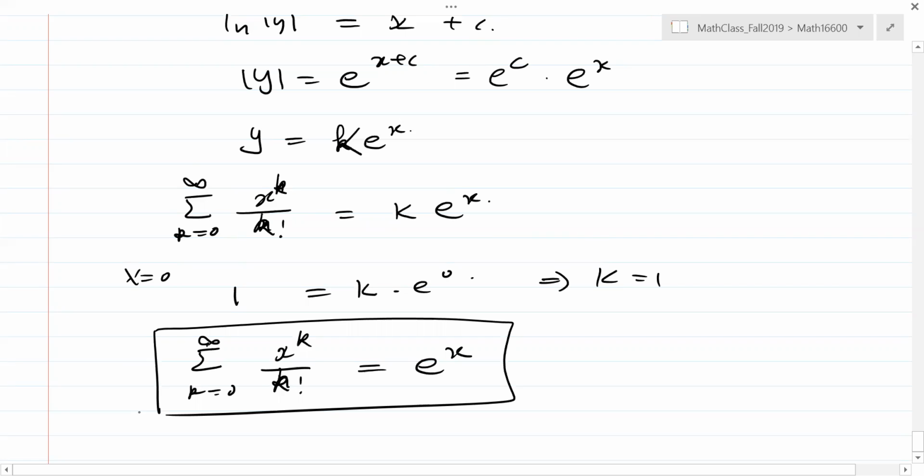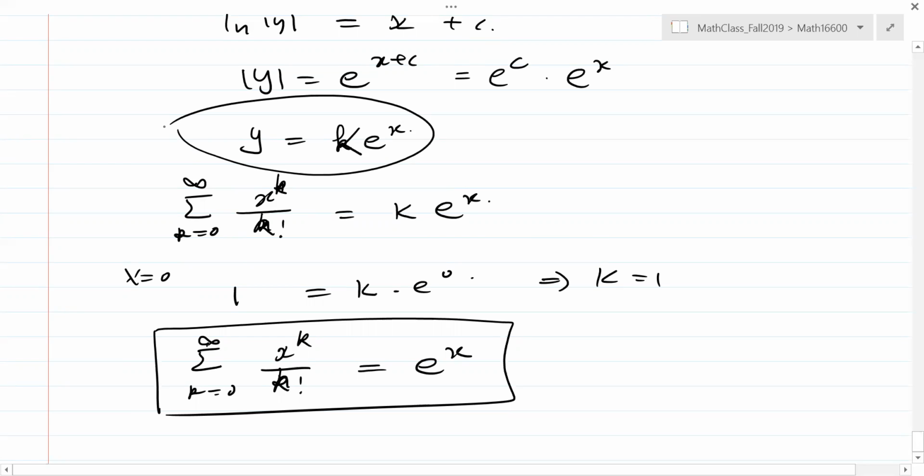So some functions defined by power series are still elementary, like this one. How do I find out? Because I find the derivative is going to be itself, then it must be in that form.